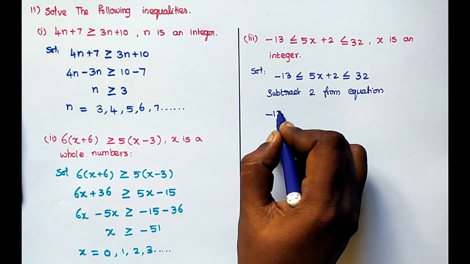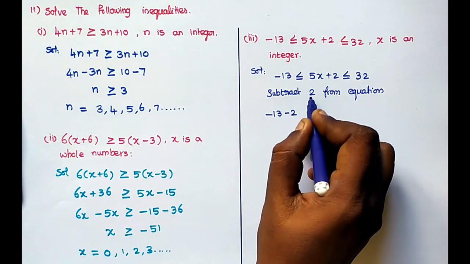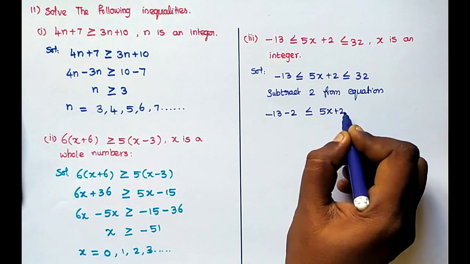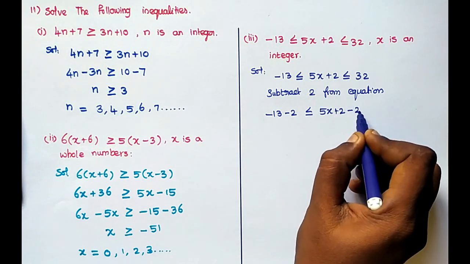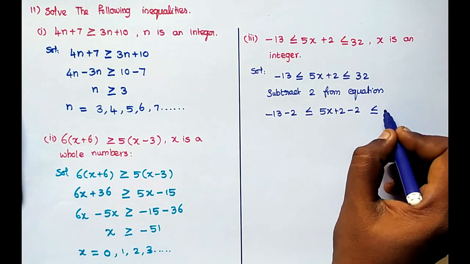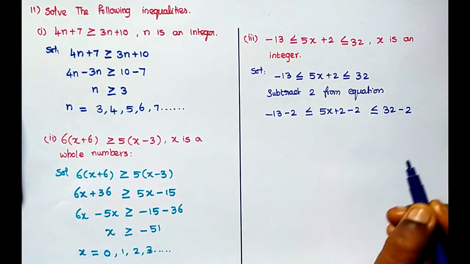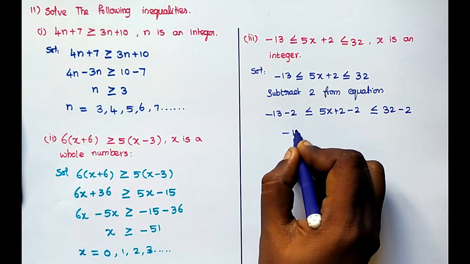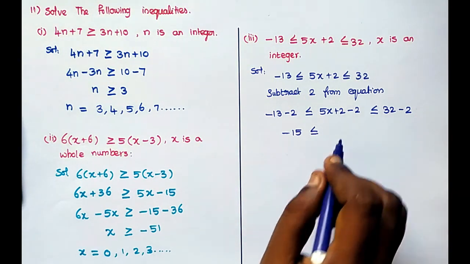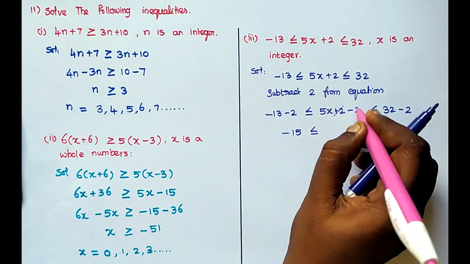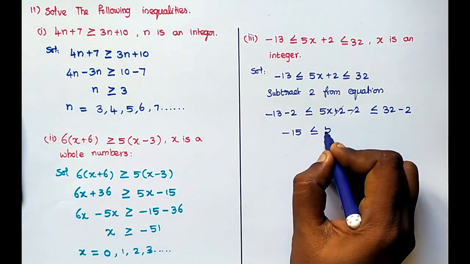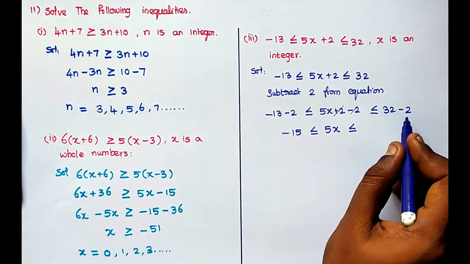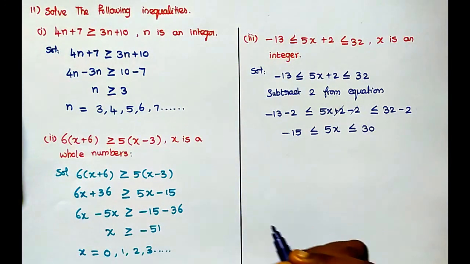Now minus 13 minus 2, and 5x plus 2, again subtract 2, and in this term 32 minus 2. Now minus 13 minus 2, minus 15, less than or equal to, now plus 2 minus 2 get cancelled, so 5x is there, less than or equal to 32 minus 2, 30 only.